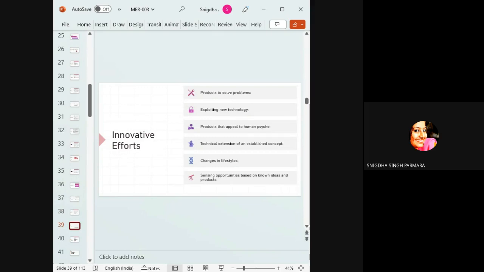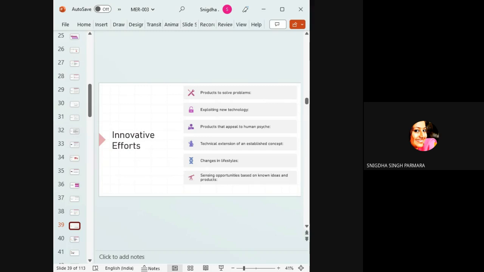Then, innovative efforts. While a lot of options are available for entrepreneurs to start up with, it is always recommended that an innovative approach be picked up while interpreting the information to arrive at a particular project idea.